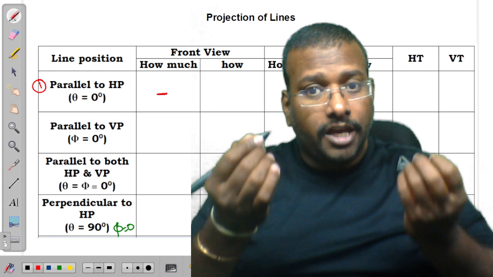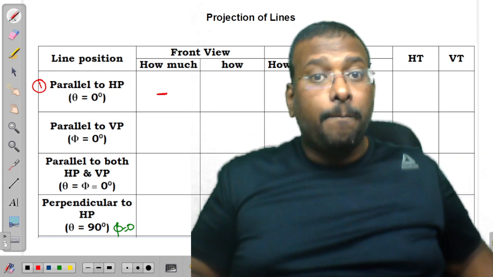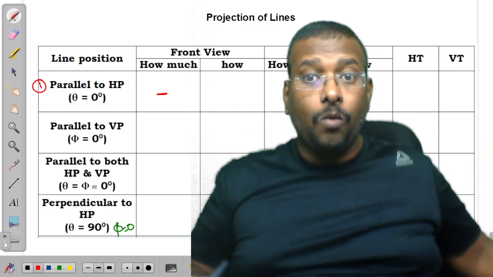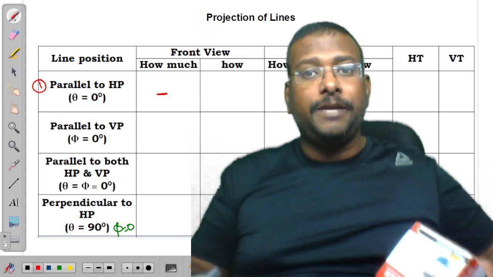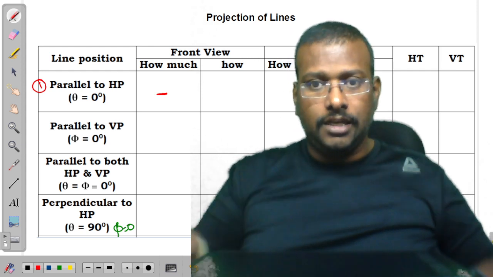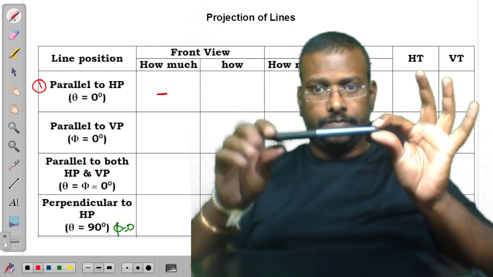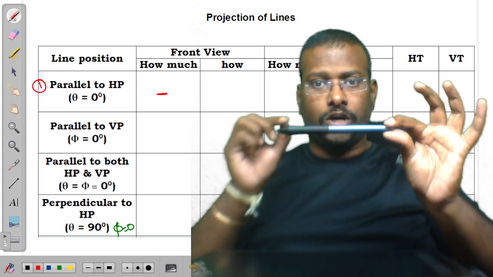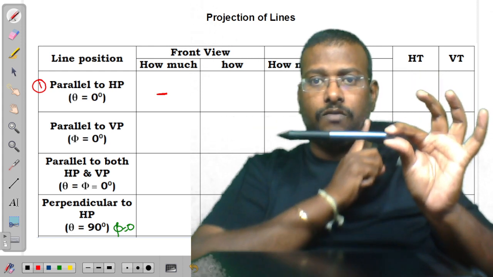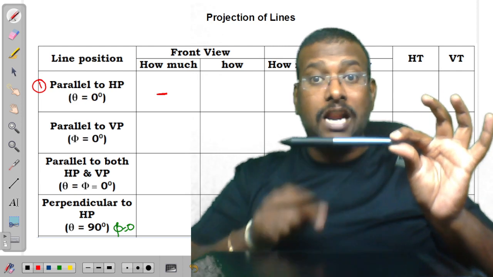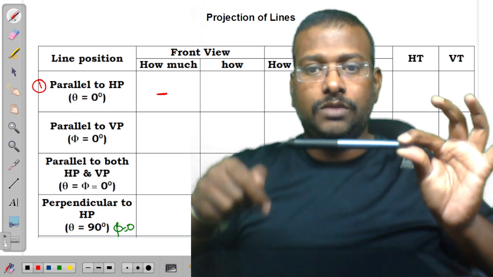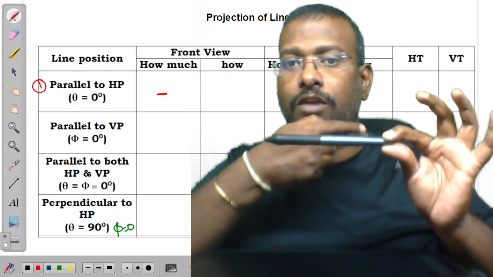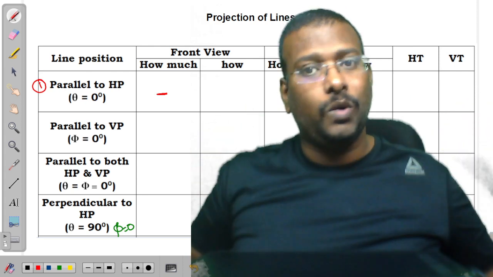But how is it with respect to the XY line? If you observe here, the front view shadow will fall here. Here the line is parallel to the XY line. This is the XY line. The shadow is parallel to the XY line.